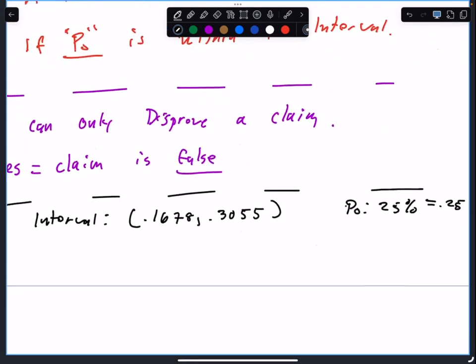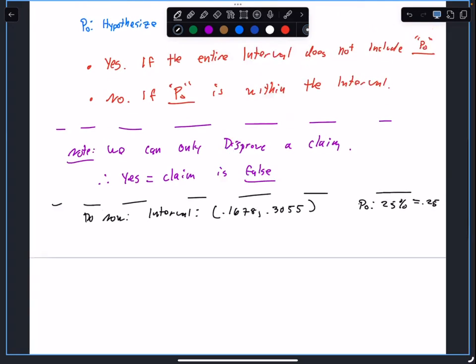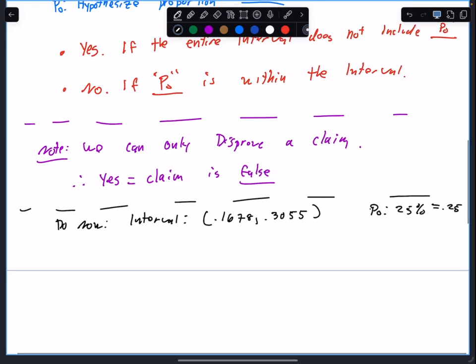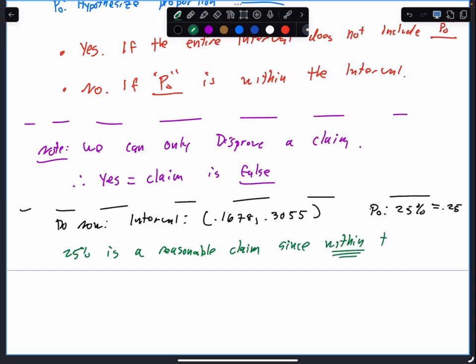So is there evidence that they're lying? Is 25% possible? Does that seem reasonable? The answer here is that 25% is a reasonable claim, since it is within the interval.